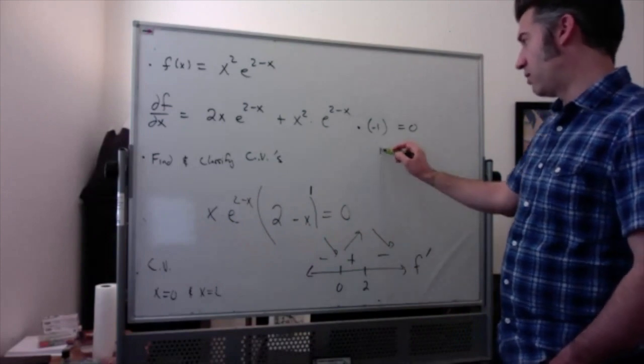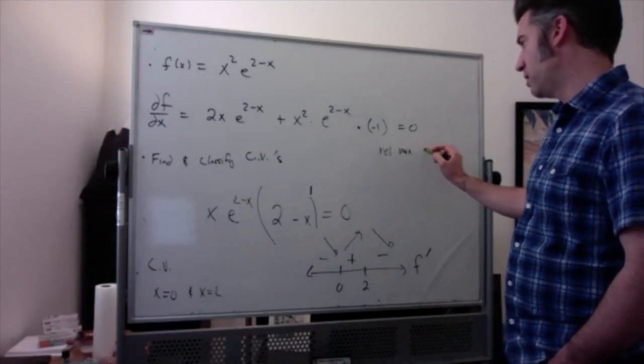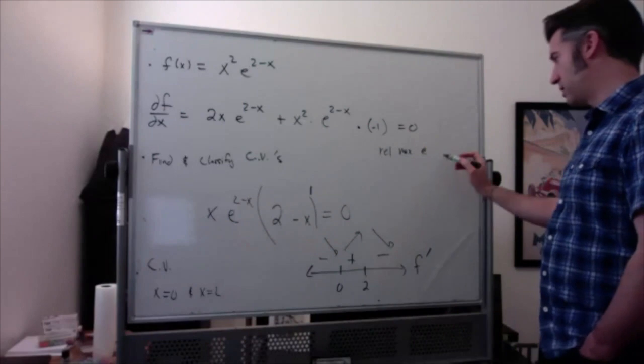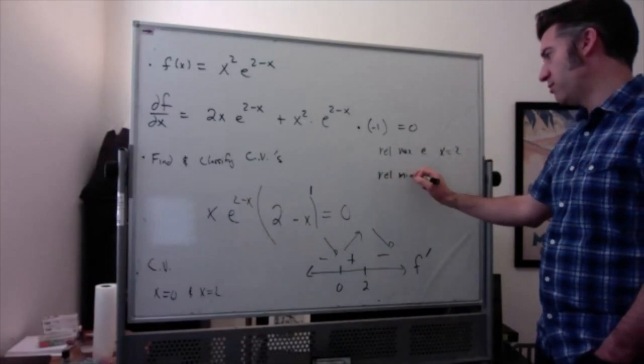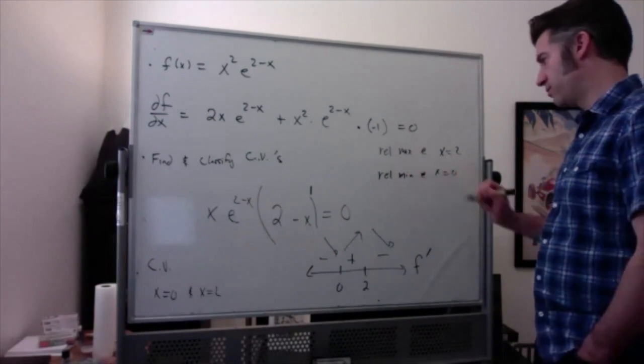So we have a relative maximum at x equal to 2. We have a relative minimum at x equal to 0.